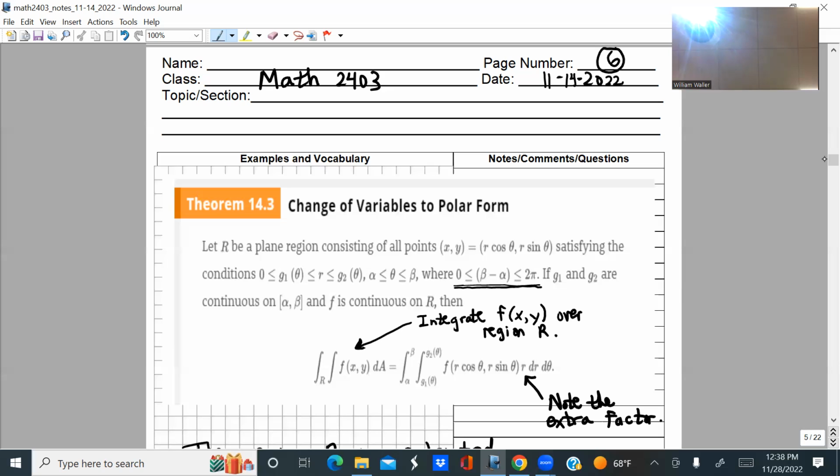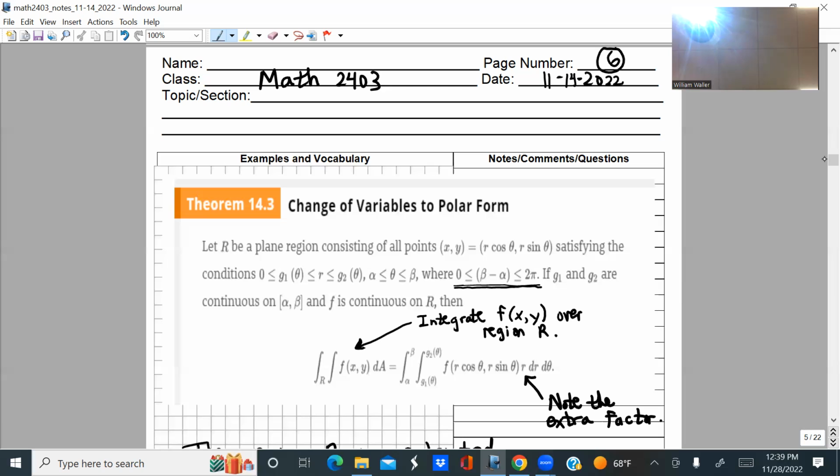There's one catch, a slight difference: I have to throw in an extra factor. Notice that factor is not in the original double integral, but when you convert to polar coordinates, that's an extra factor.